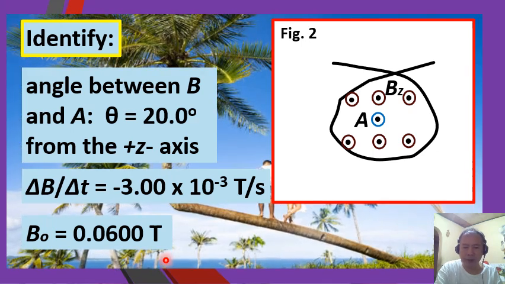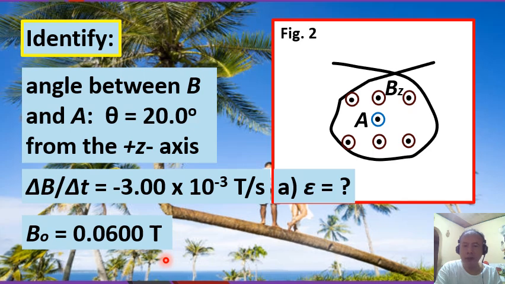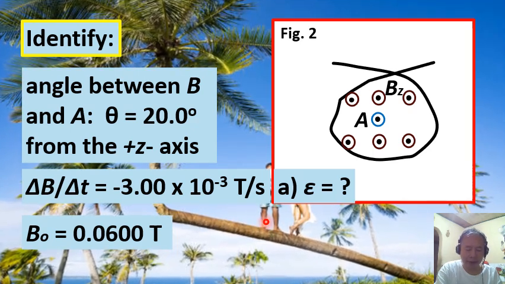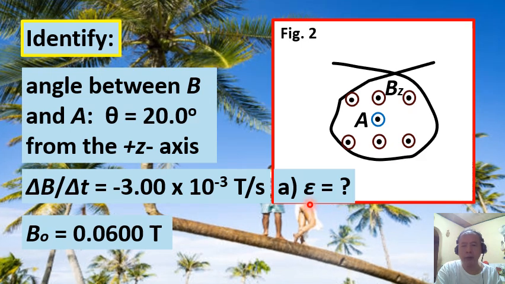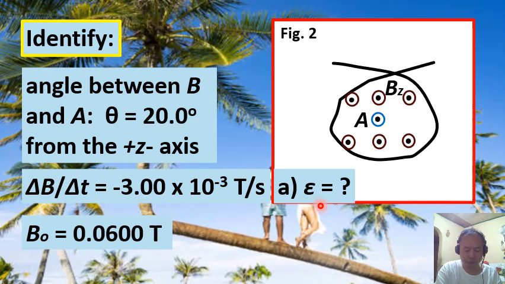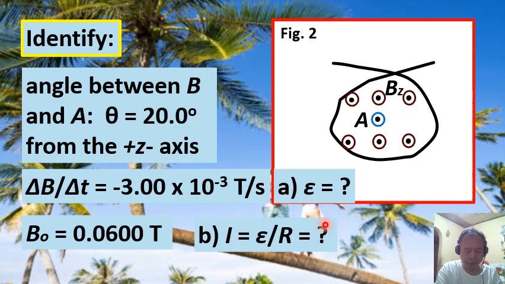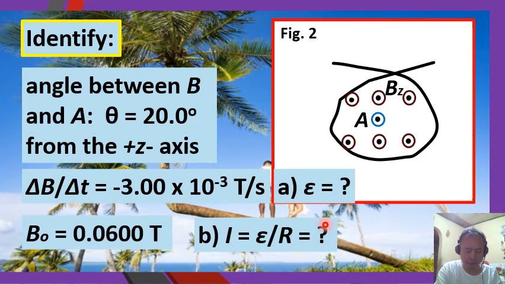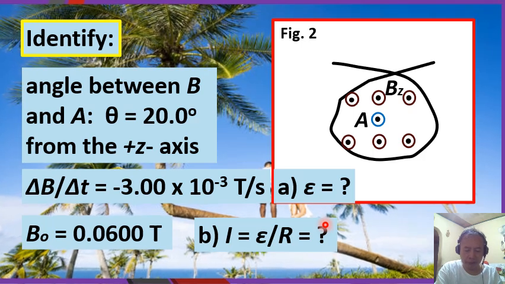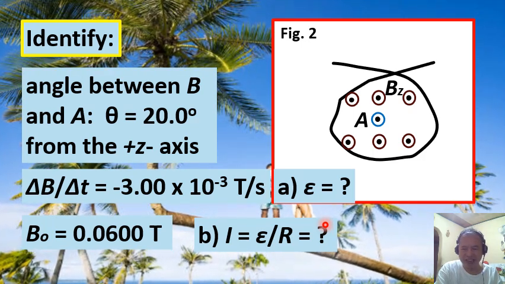And our target variables are in part A, the magnitude of the induced EMF in the coil denoted by epsilon, and in part B, the magnitude of the induced current in the coil while the field is changing.